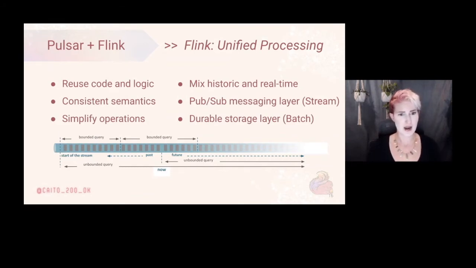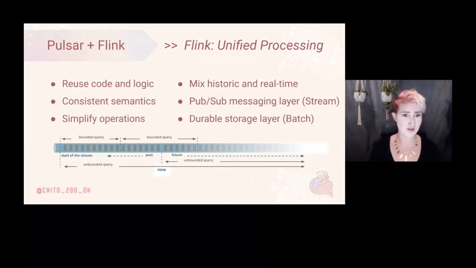But taking a bit of a step back, why is it important to have this solution? It allows users to reuse their code and logic across both batch and stream processing. And of course, that makes it easier to integrate into different applications or systems. But moreover, it helps ensure consistent semantics, so you don't have to learn a completely new API for each processing mode or each layer of abstraction.